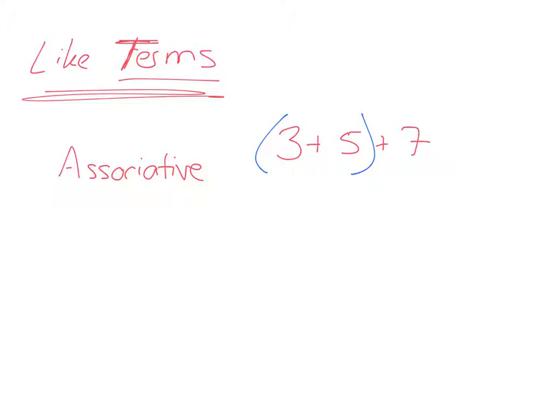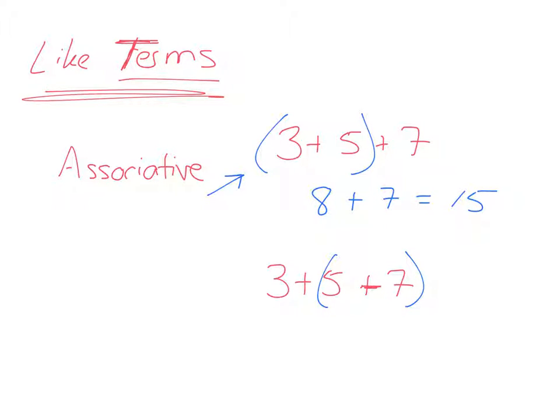Now let's look at the same problem again: 3 plus 5 plus 7, but this time, let's put the parentheses around the 5 and the 7. Order of operations states that whatever is in parentheses must be done first. So in my first example, I would add the 3 and the 5 and get 8, and then plus 7, and that equals 15.